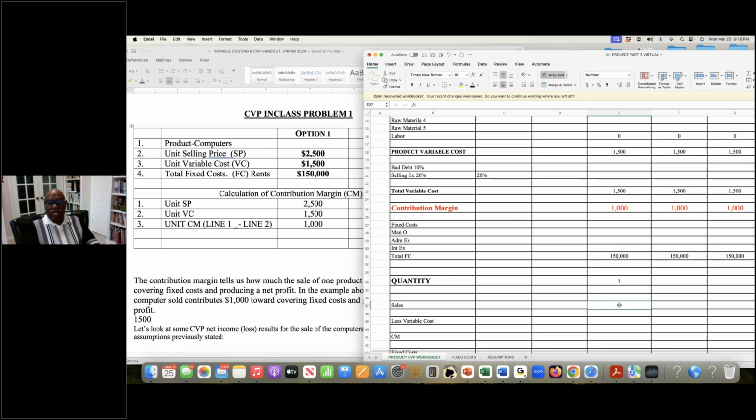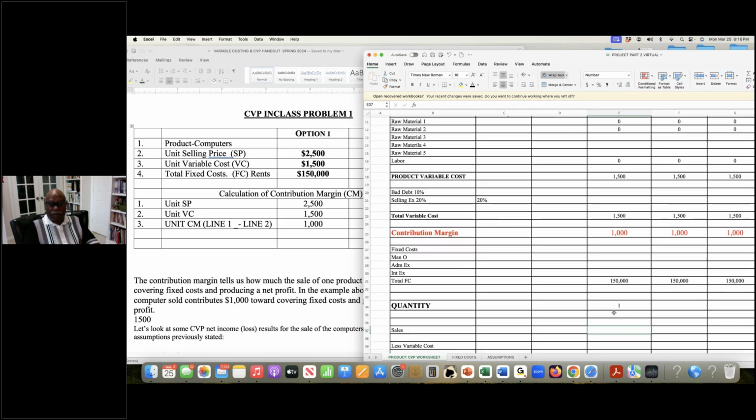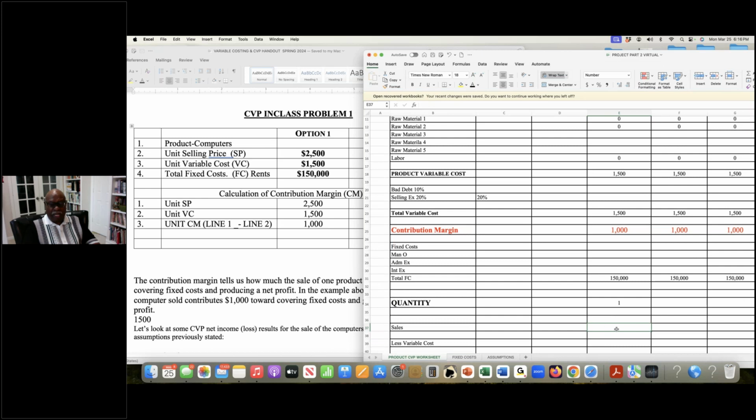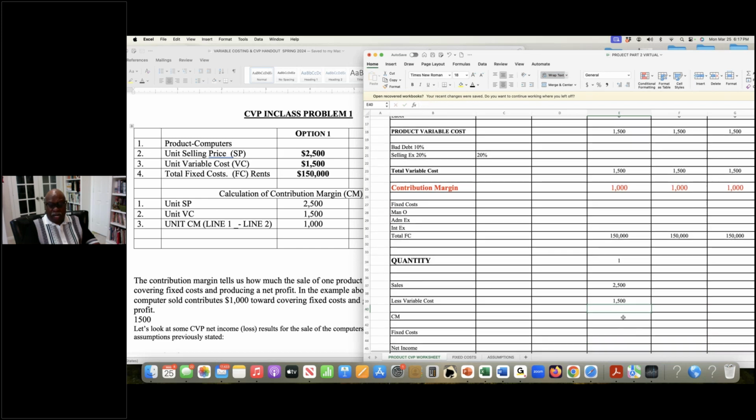So if we sell one, the selling price is 2,500, and our total sales are gonna be 2,500. Our variable cost is that same 1,500. So therefore, on the sale of one, the contribution margin is 1,000.